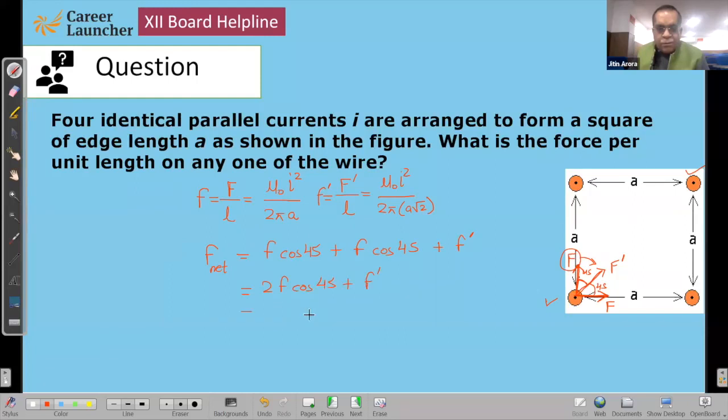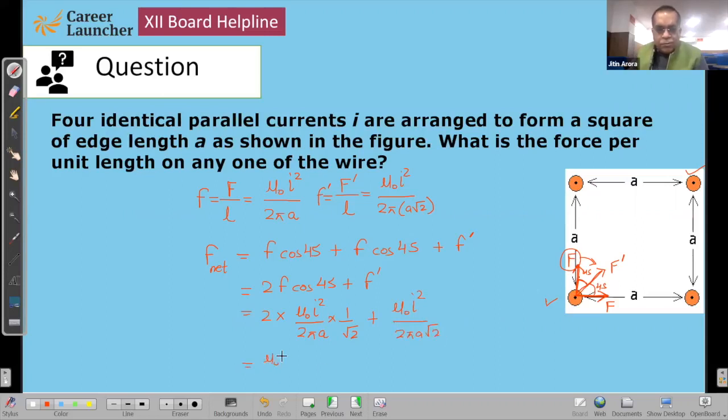So 2 into mu naught I square upon 2 pi a, cos 45 is 1 by root 2, plus mu naught I square upon 2 pi a root 2.